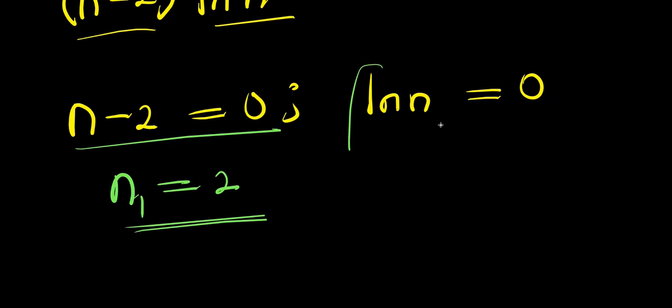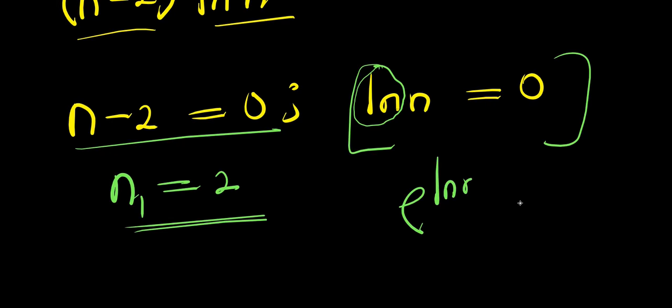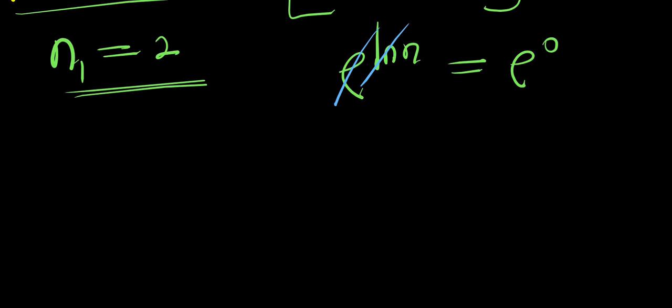Also, if natural log n equals 0, I can solve for n by eliminating this natural log. So make use of e^(natural log n) equals e^0. e raised to the power of natural log n is n.